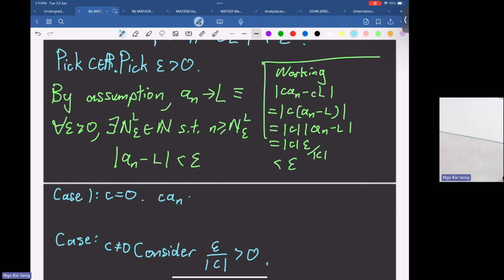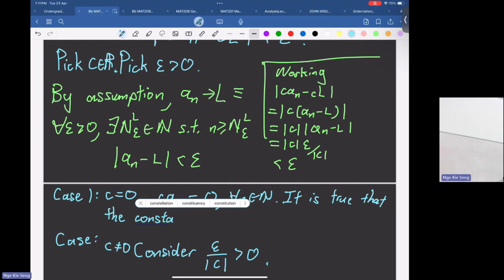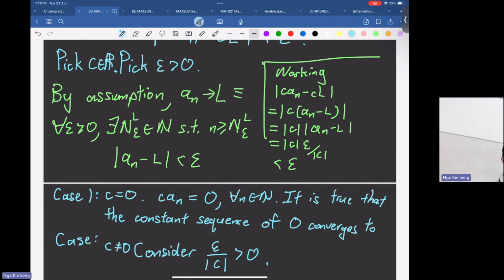C times An is really just 0 for all n. The 0 sequence converges to 0, true or not? So it is true that the constant sequence of 0 converges to 0 times L, which is 0.